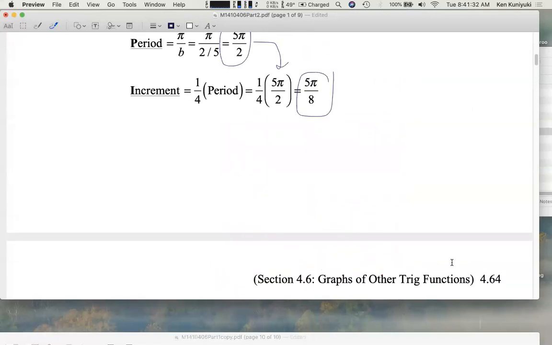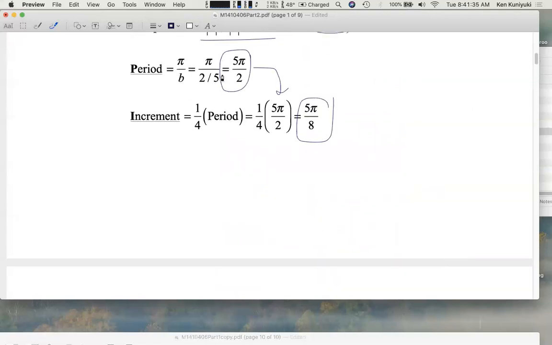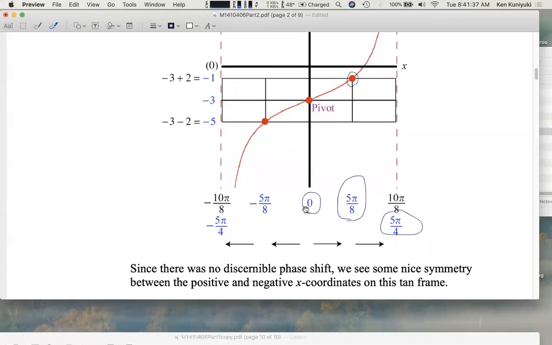You can see that 5 pi over 4 is half of the period, 5 pi over 2, because we're getting half the period from here to here. And then we could use symmetry about 0 to get the x-coordinates over here. This is negative 5 pi over 8. Over here, this is negative 5 pi over 4. It's convenient that we have 0 in the center. If the phase shift were not 0, if there were some phase shift, then we would actively have to subtract. We would subtract the increment, subtract 5 pi over 8, subtract 5 pi over 8.